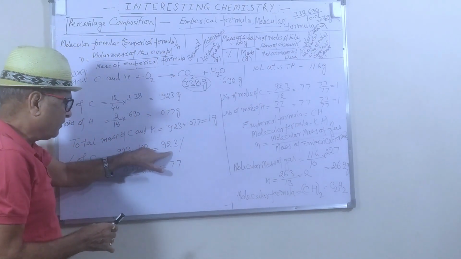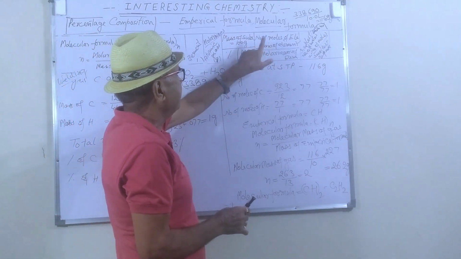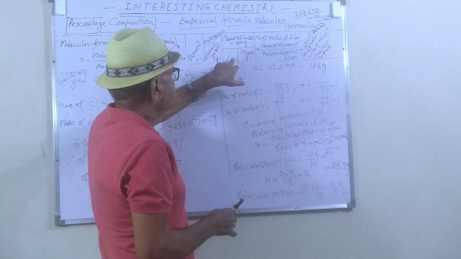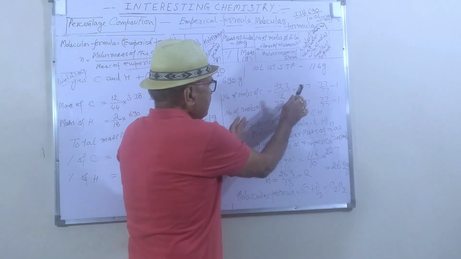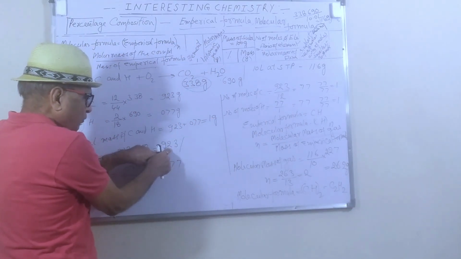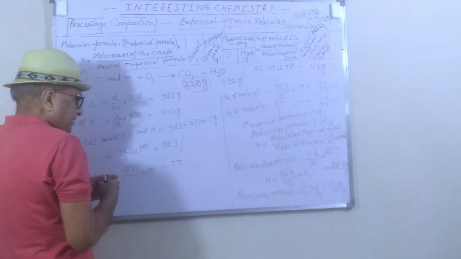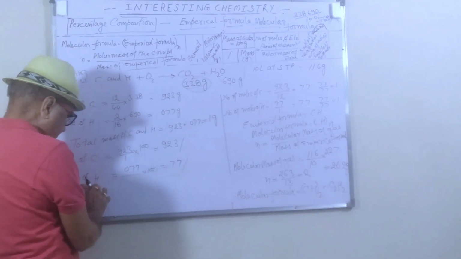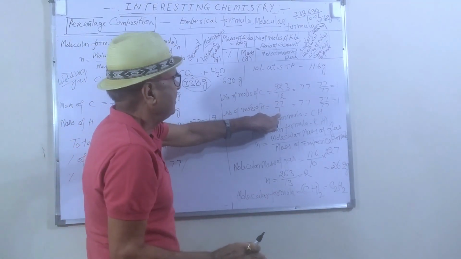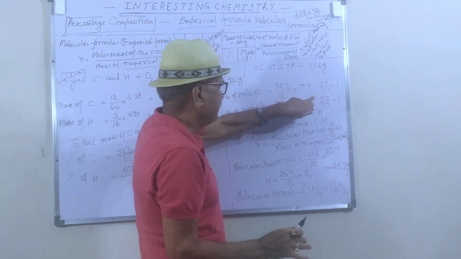The percentage composition must be divided by the molar mass of the element. So the percentage of carbon, 92.3, will be divided by the atomic mass of carbon, 12, and the percentage of hydrogen, 7.7, will be divided by the atomic mass of hydrogen, 1, to get the number of moles. So here 7.7 upon 1.